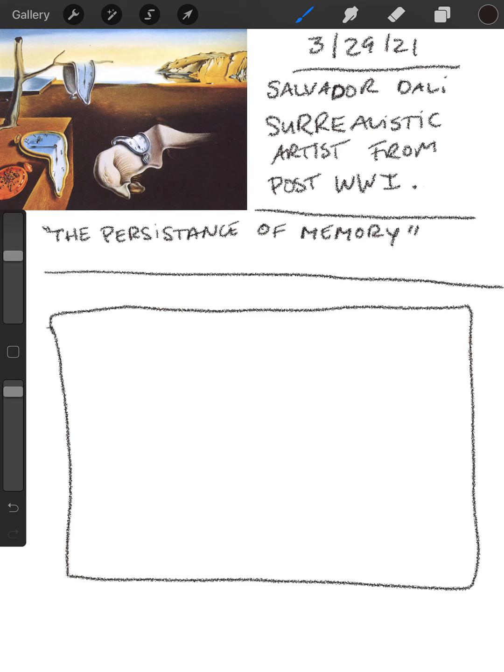So let's just modify this. We're going to use our artistic license. And what I'd like to feature is the tree with the melting clock and some of the landscape. So the first thing I'm going to do is I'm going to draw this tree.